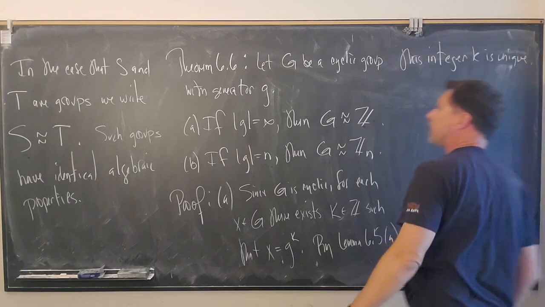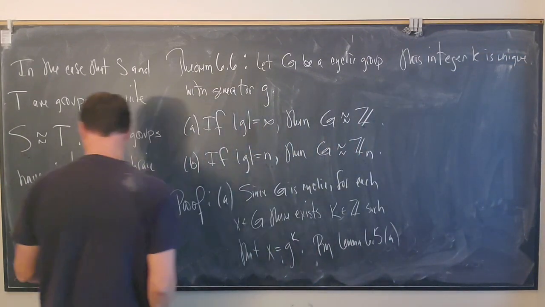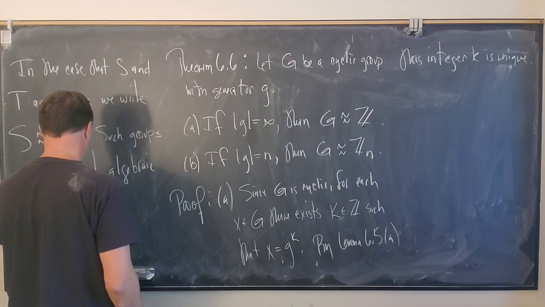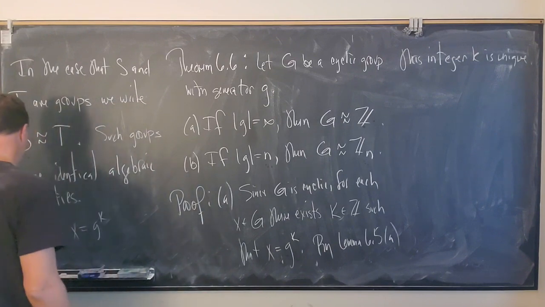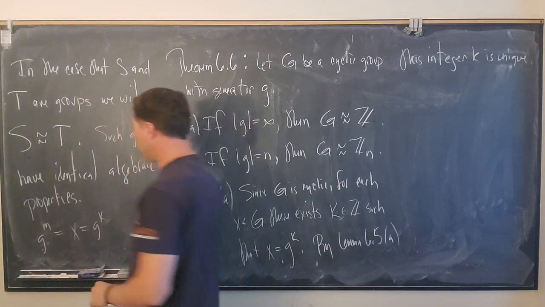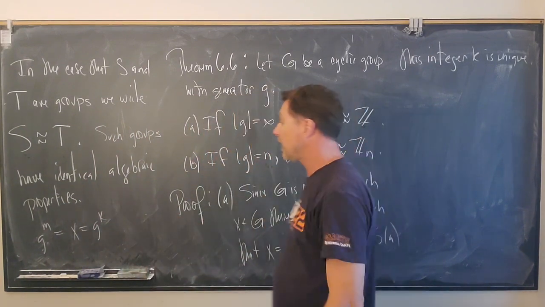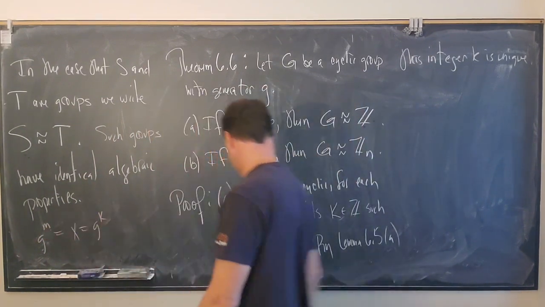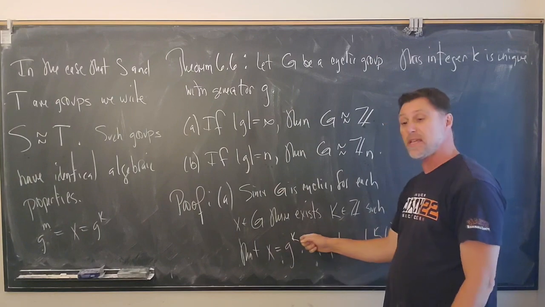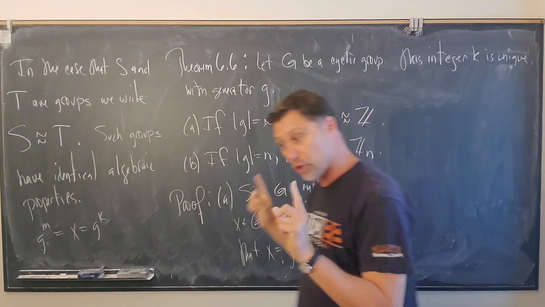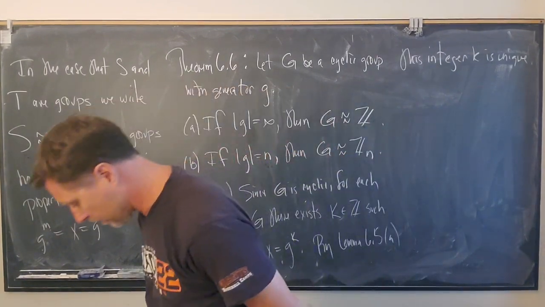It's impossible for x to equal g to the k and also g to the m. What did our previous lemma tell us? It tells us that m equals k. So that tells us that x can be uniquely written as g raised to a certain power k.